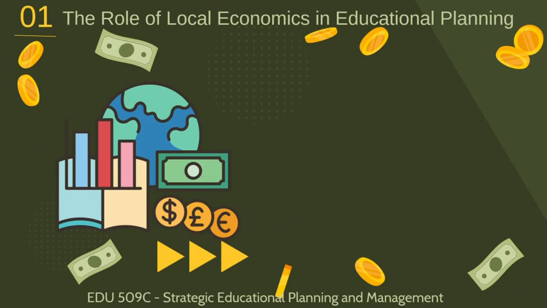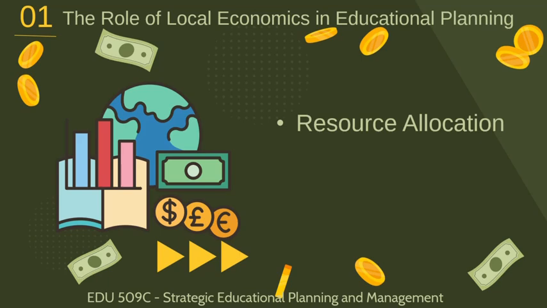So first, let's talk about the role of local economics in educational planning. So local economics is a major driver in determining how much a community can invest in its educational system. So, for example, first is resource allocation.